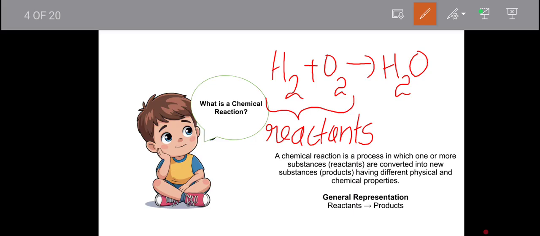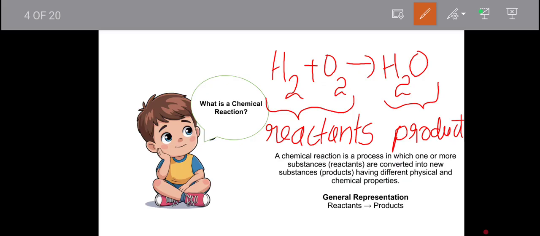These chemical substances called reactants will be participating in a chemical reaction. As a result of this chemical reaction, a new substance is formed, which is totally different from our reactant. This new substance being formed is known as the product.